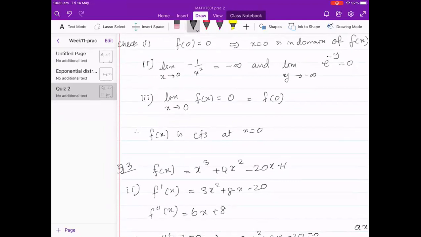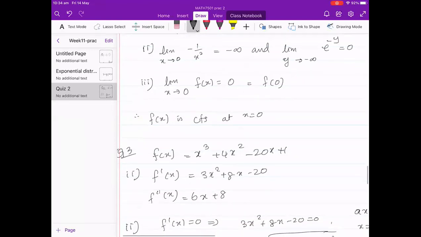The first part is done. The second part is find all of the critical points of f, and determine if they are local maxima or minima. How do you find critical points? Yeah, f dash x equals 0, solve for x.